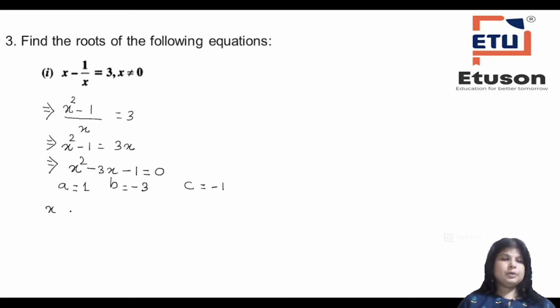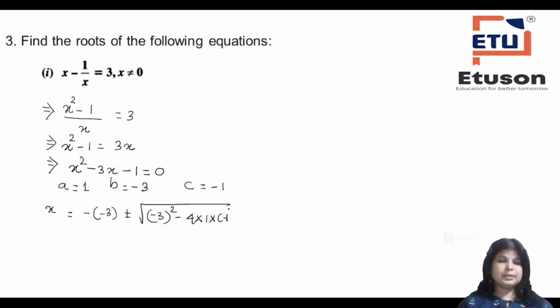So what will be your x value? So x is equal to minus B, that is minus of minus 3 plus or minus square root of minus 3 whole square minus 4 into 1 into minus 1 divided by 2 into 1.